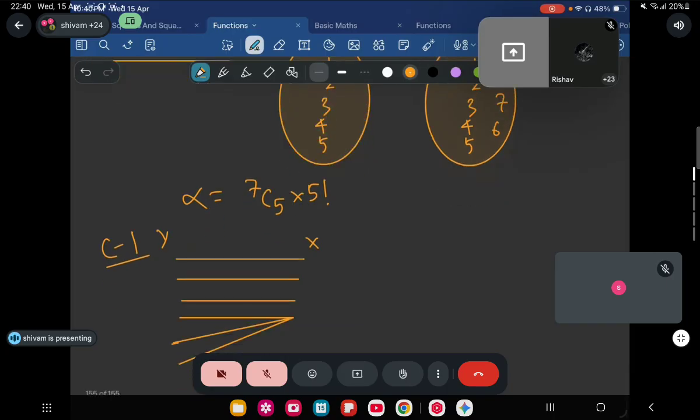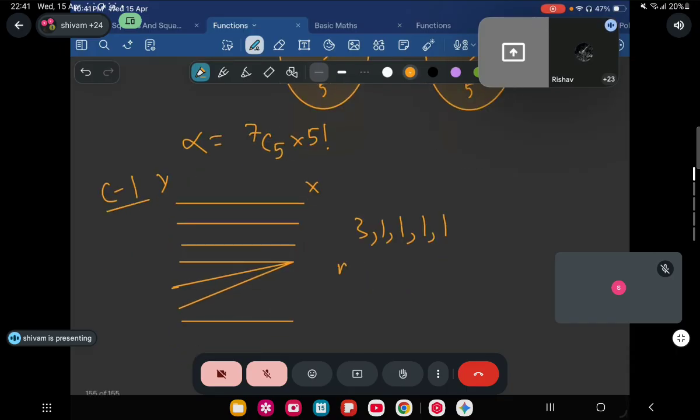This can happen. Yes or no? Yes. But it can be any 3 elements, right? So you need to make a group of 3, 1, 1, and 1.